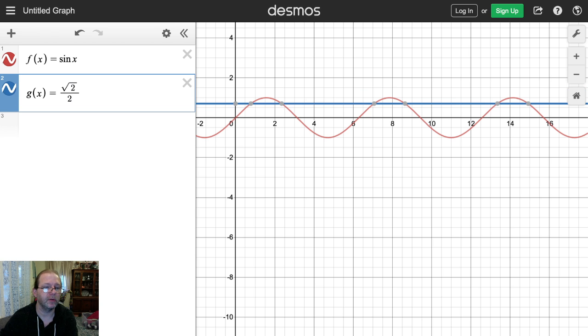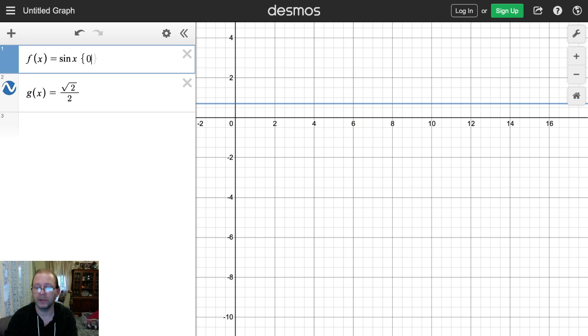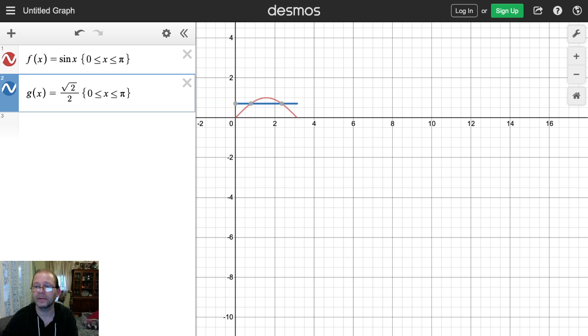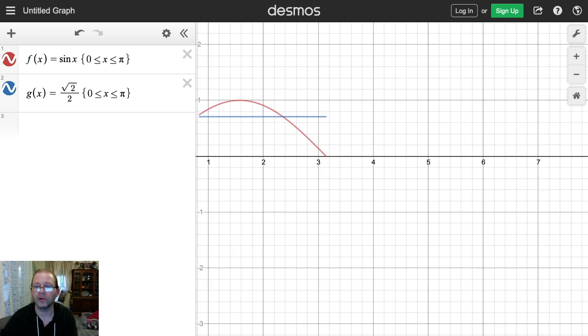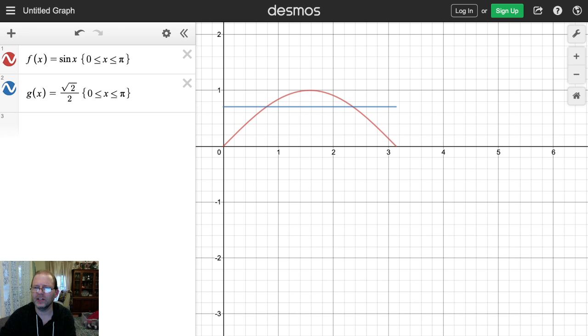And let's limit both of these to just the part we want, from 0 less than or equal to x less than or equal to pi. I'm going to copy that and paste it in down here. So this is what we're looking for. And I think there are ways to get Desmos to actually do some shading for you, but I'm not going to do that.